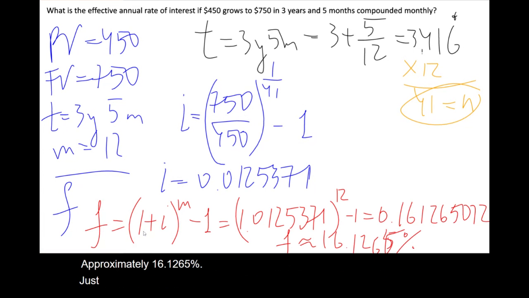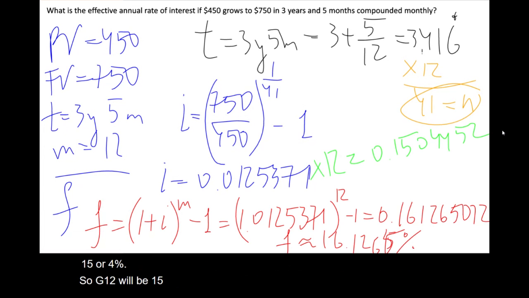Just to demonstrate, J12, if I do this, I would find 1504%. So J12 will be 1504, F will be 16.13.